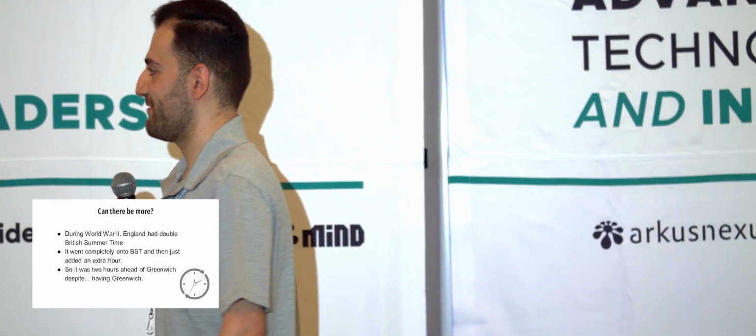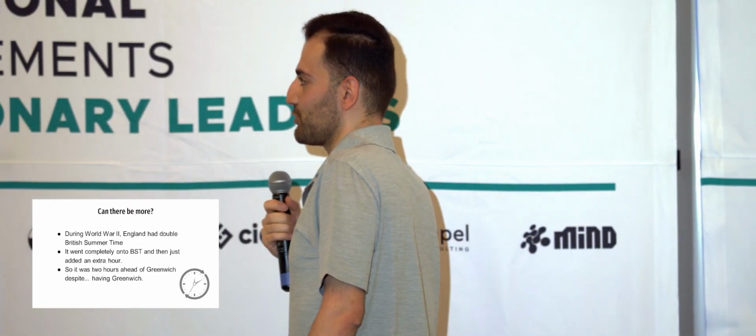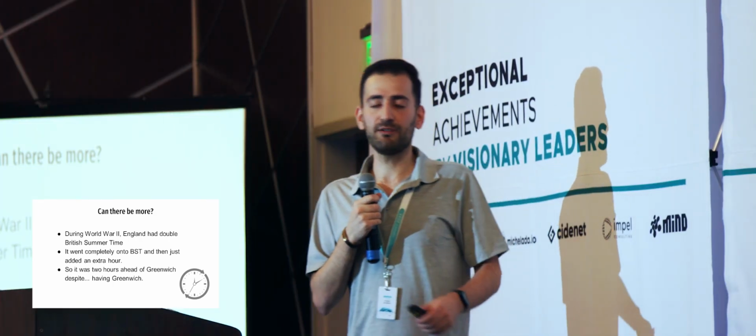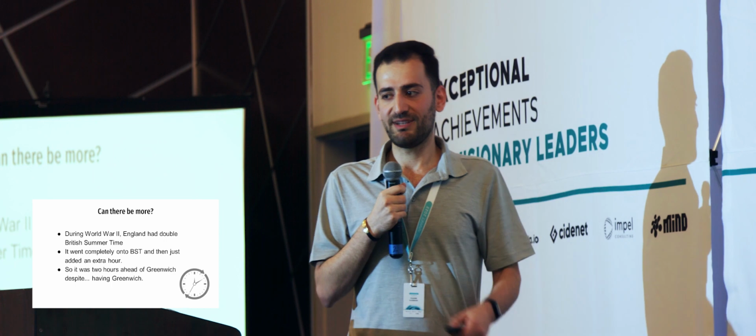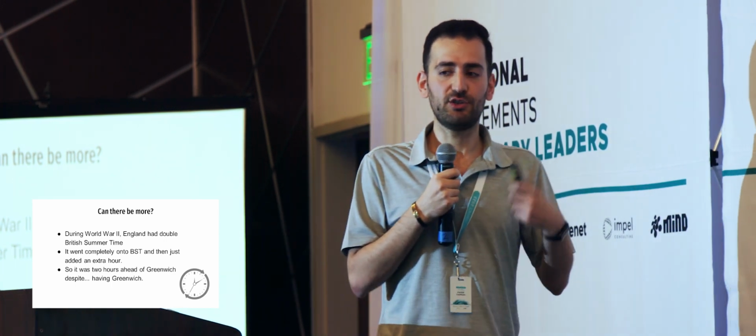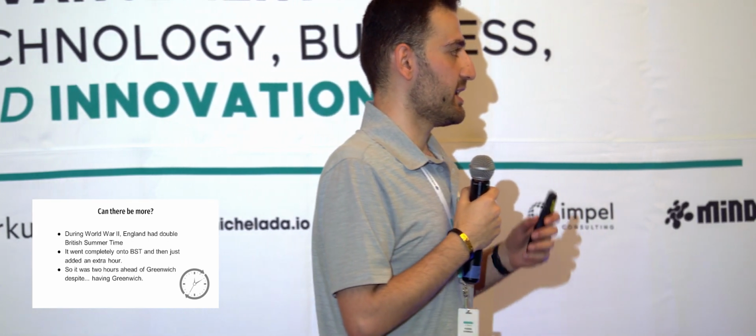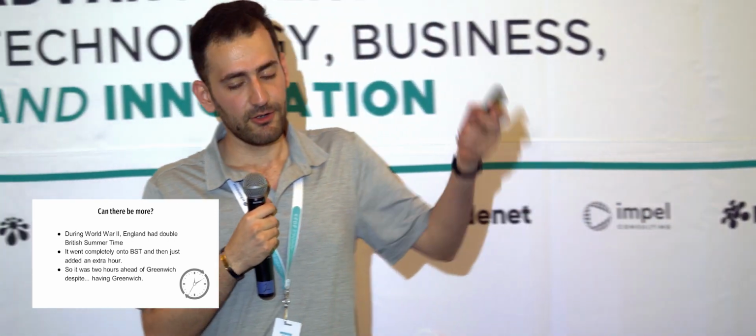So one fun fact I learned was during World War II, England decided to do double British summertime. So it's basically the daylight savings, but they did it twice. What that meant was it added an extra hour, 2 hours.